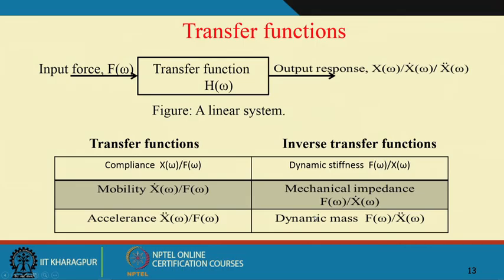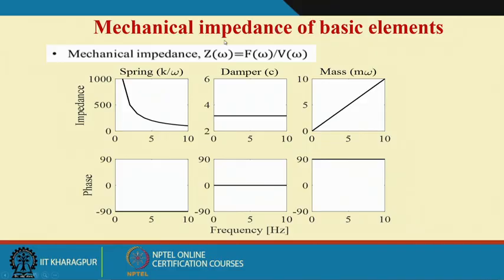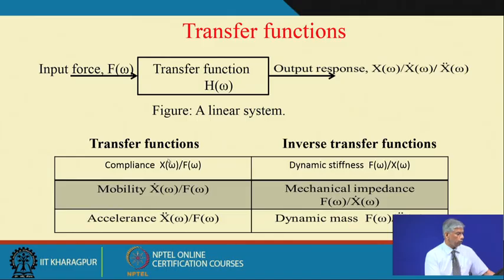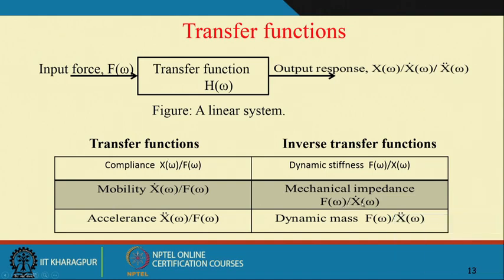So, these transfer functions help us characterize the system, and we can find out the mechanical impedance of many different elements like spring, damper or mass, and you can see the corresponding phase. This is like a homework for all of you: find out the impedances of a few mechanical systems like a spring, damper and mass. I have just shown you what this impedance value is. So, you can give a harmonic force, find out the displacement, find out the velocity, and take the ratio to find out the impedance.